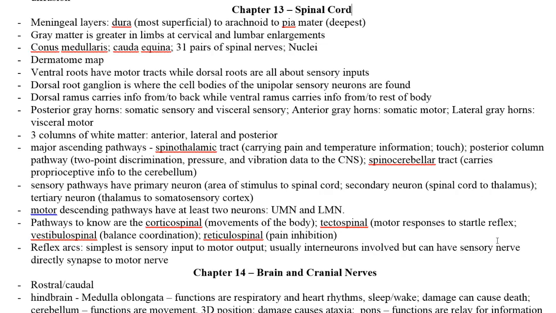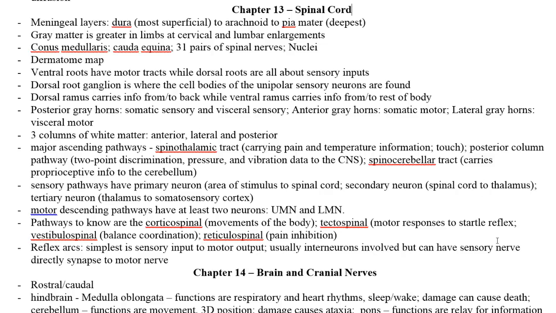The dorsal ramus will carry all information from and to the back. It's a fairly small set of nerves or axons, while the ventral ramus is much larger because it carries all the information from and to the rest of the body.